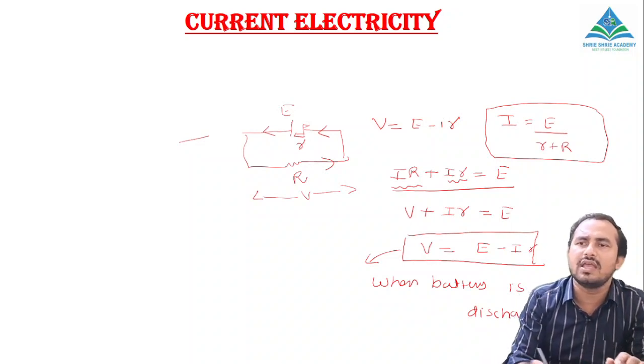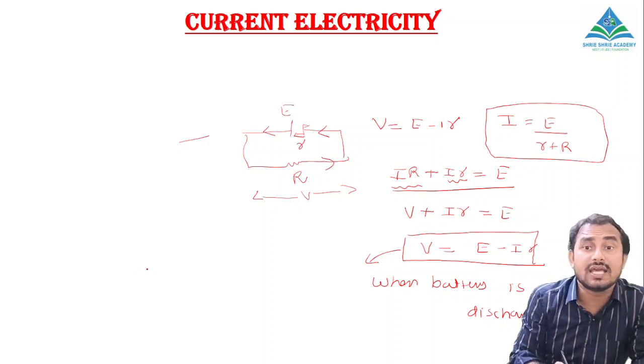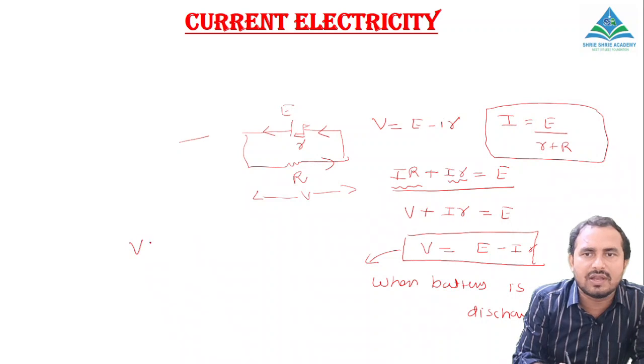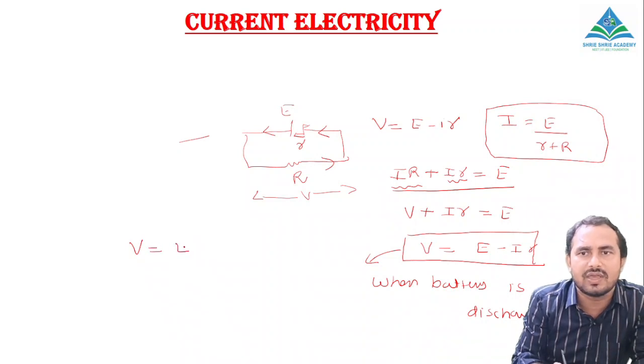The same formula will change when the battery is charging. When the battery is charging, the terminal voltage formula becomes V equals E plus I into small r.